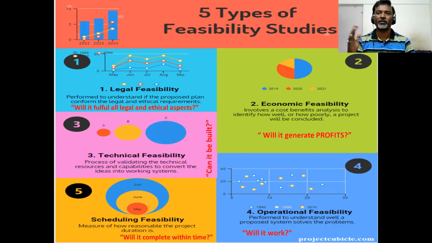If the system fulfills all the rules and regulations of the government and of third parties, then we can say the system is legally feasible. In other words, suppose you want to start a business that creates some hazardous gases, and the location you have selected is near societies where human beings are living.